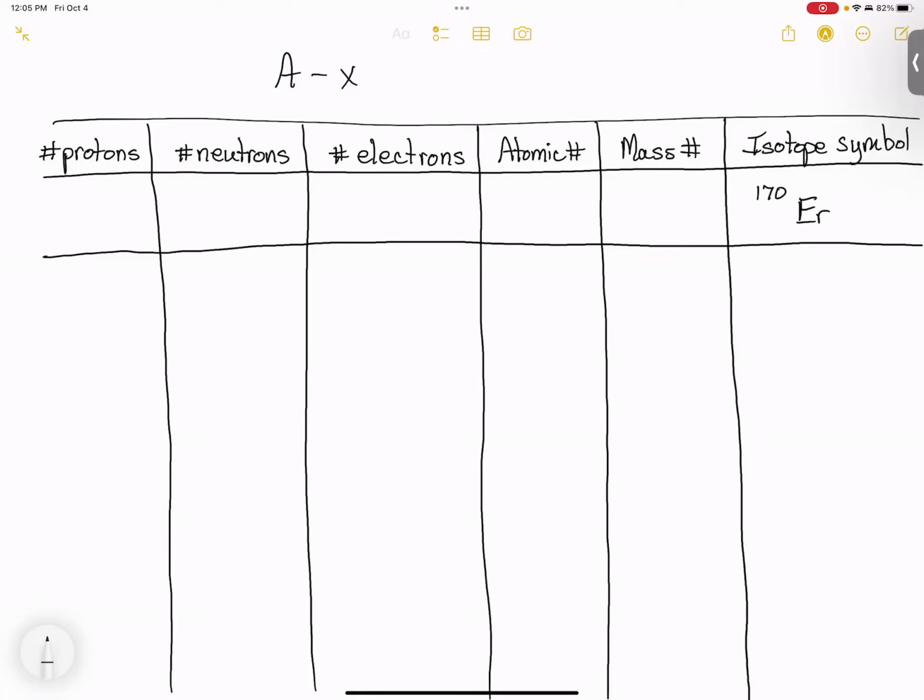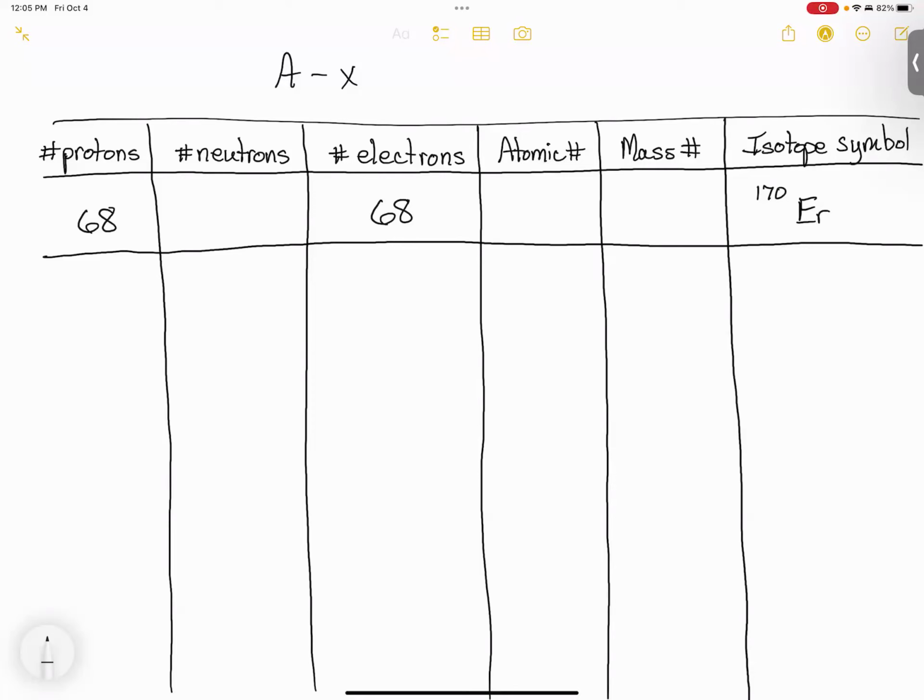Erbium is element 68. What does that number tell you? I heard it tells me the number of protons, which is correct. What else does it tell you? The number of electrons, because the protons and electrons have to be the same.